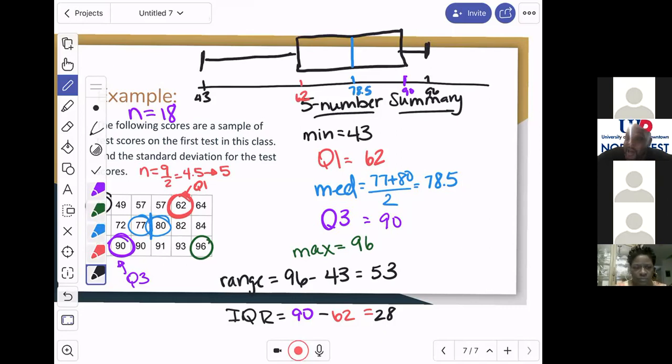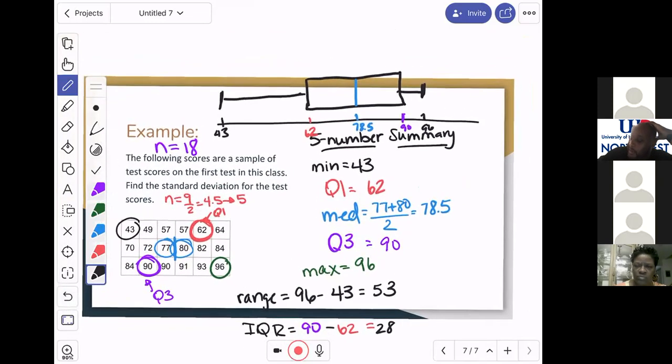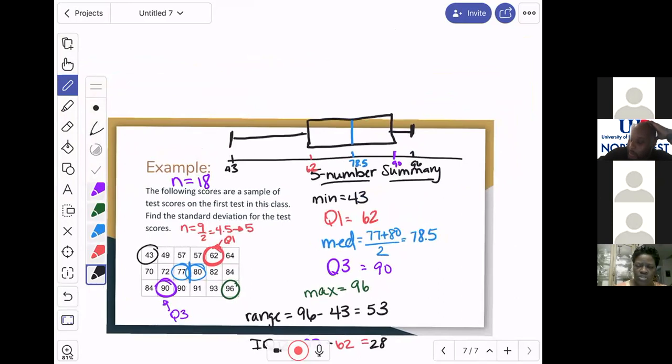And when I look at this box and whisker plot, I can also tell the shape of the distribution. And remember, our shapes are symmetric, left skewed, and right skewed, right? So if we want to tell shape from a box plot, here are your different shapes. In a symmetric box plot, that's what symmetric looks like.